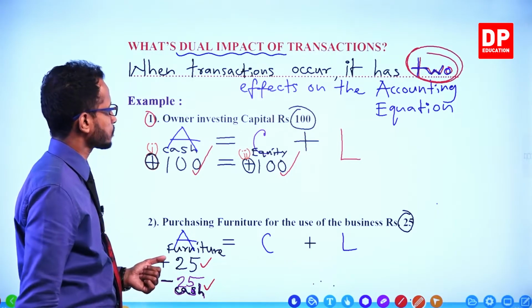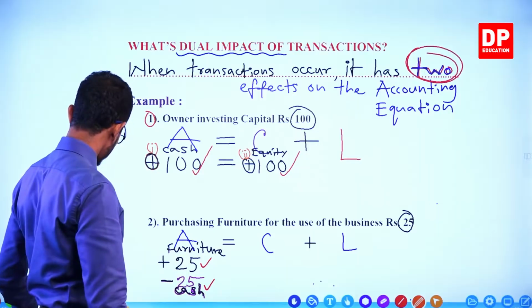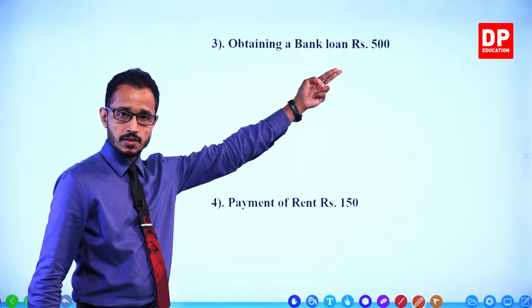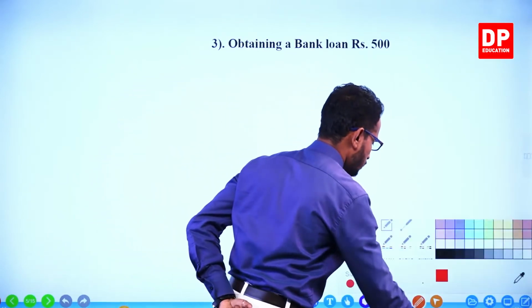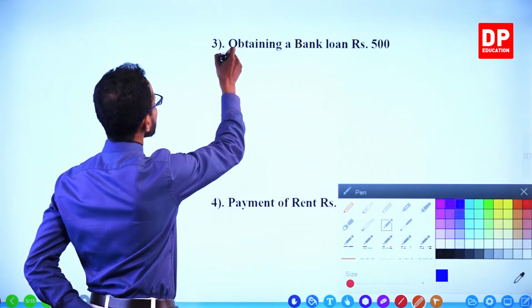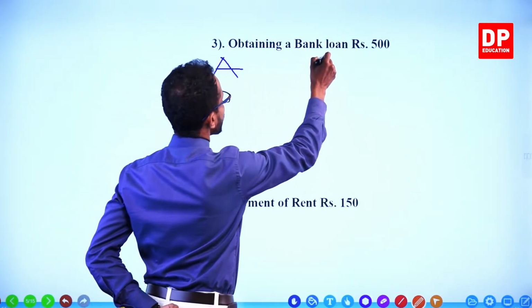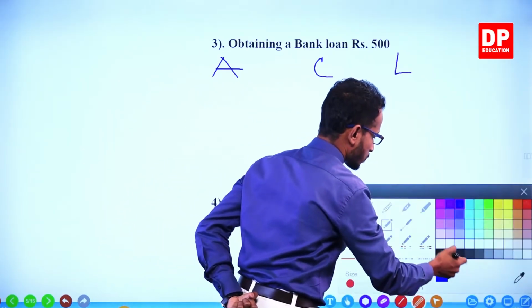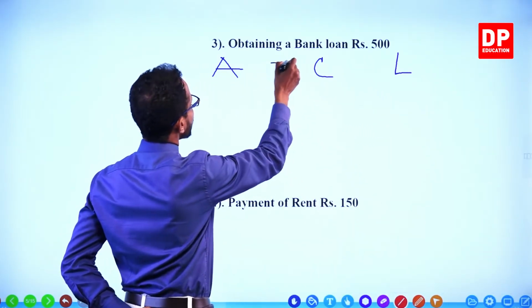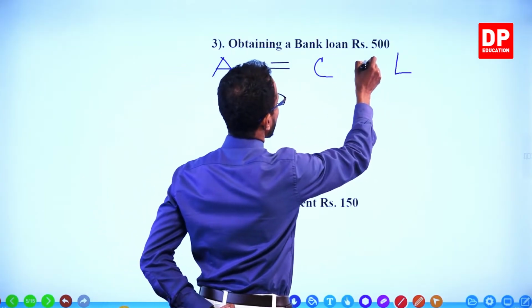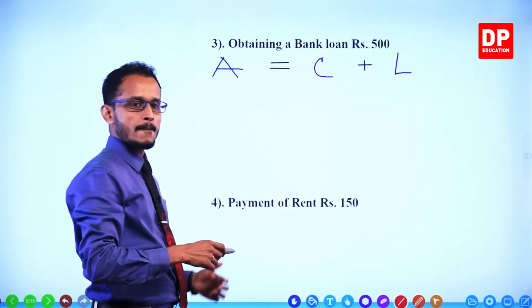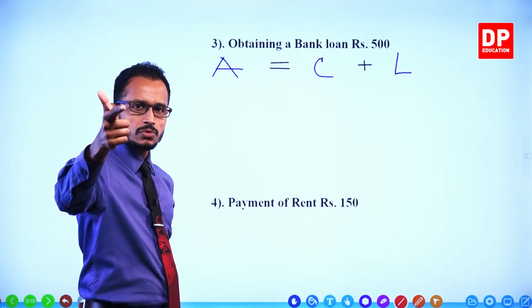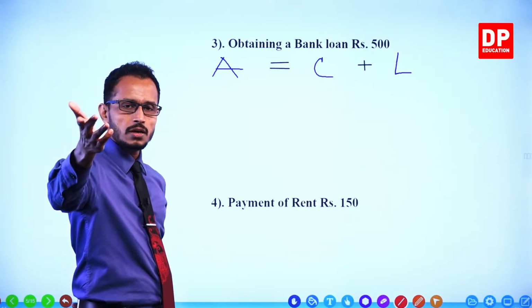Okay, children. Shall we move on? Well, you have another transaction. Why don't you tell me the dual impact? Somebody.